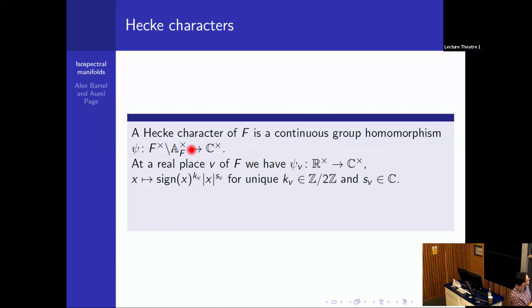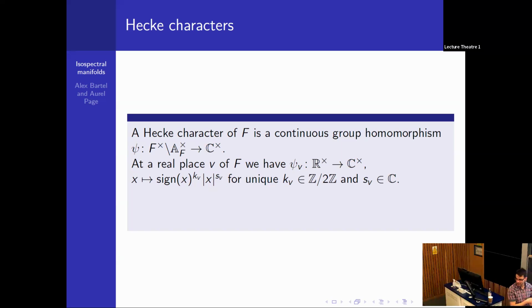This again is a product of unit groups of completions, a restricted product, but whatever. At the real places, where the completion is the reals, every character looks like something like this. It's possibly a power of sign or not, so it's either sign times blah or no sign, and then absolute value to some power.